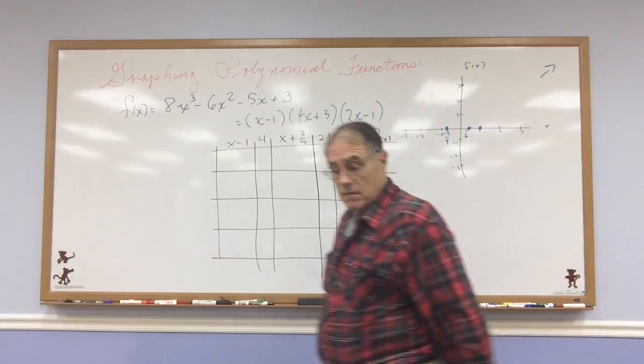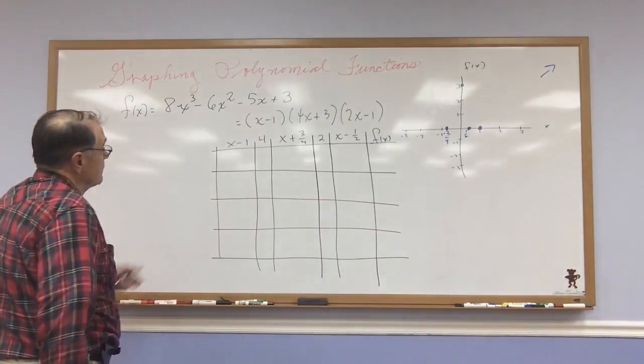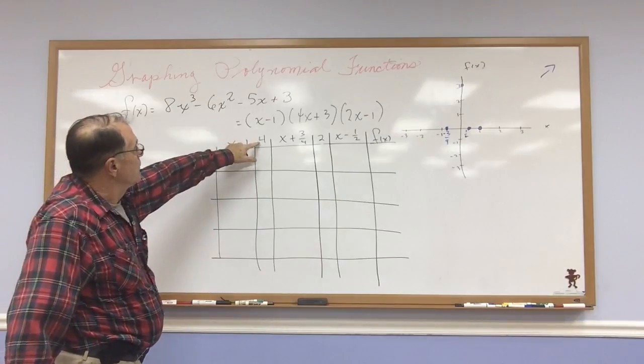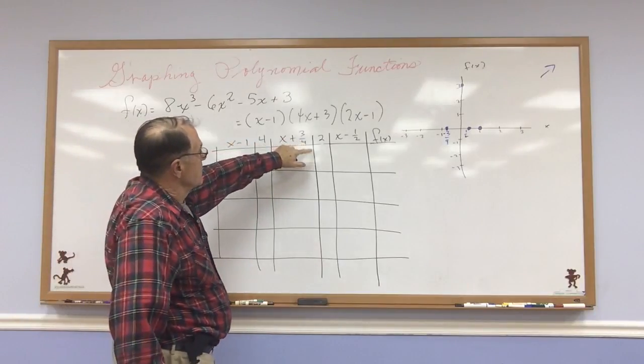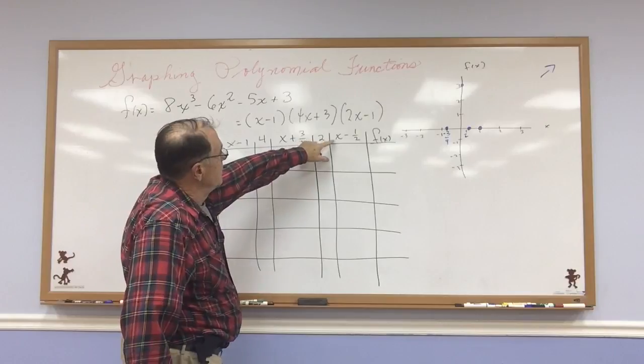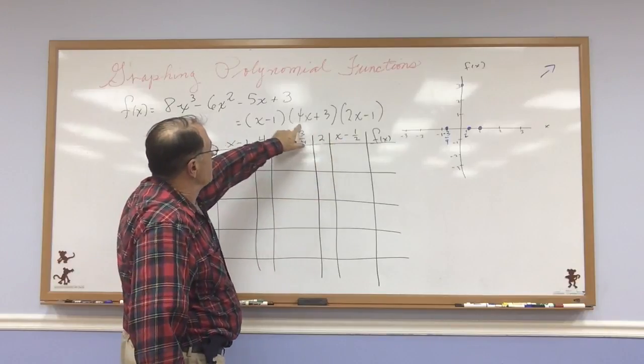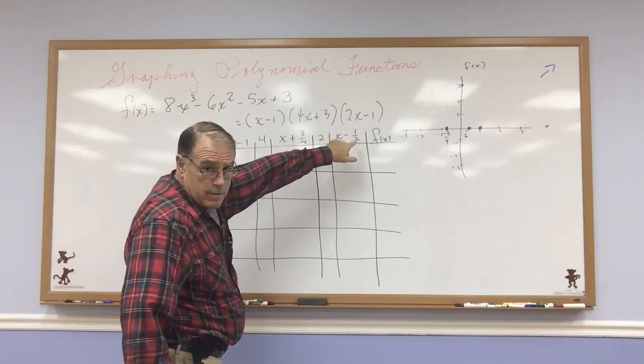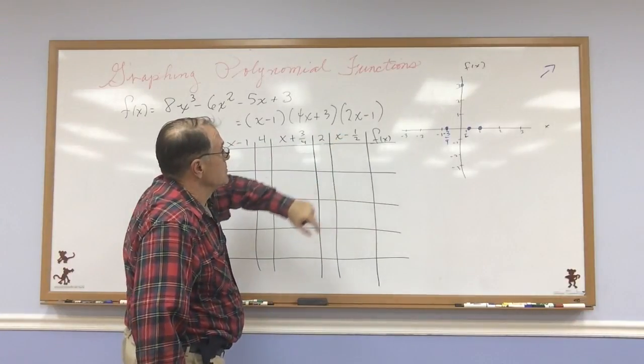So I want to know where the function is positive and where the function is negative. So I have the factors x minus 1, 4 times x plus 3/4, 2 times x minus 1/2. Again, I factored 4 out of 4x plus 3 and 2 out of 2x minus 1.